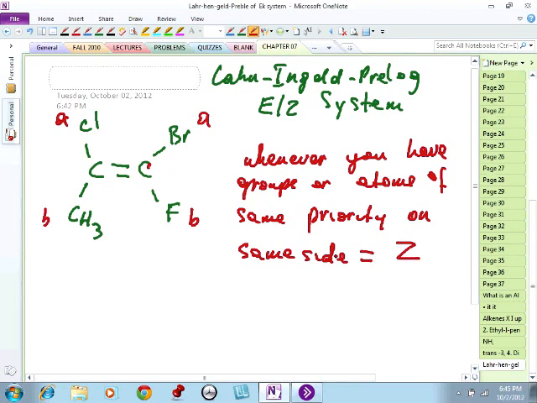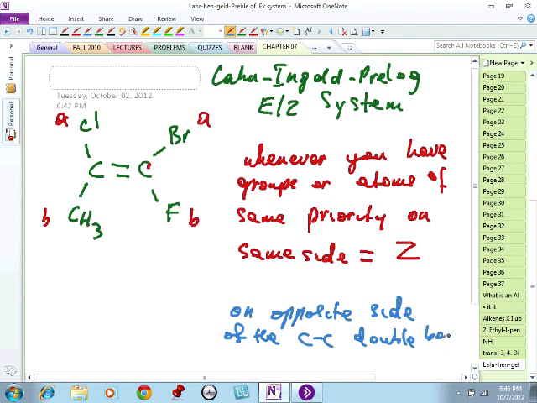We say Z stereochemistry. Whenever they are on the opposite side of the carbon-carbon double bond, then we call this the E isomer.